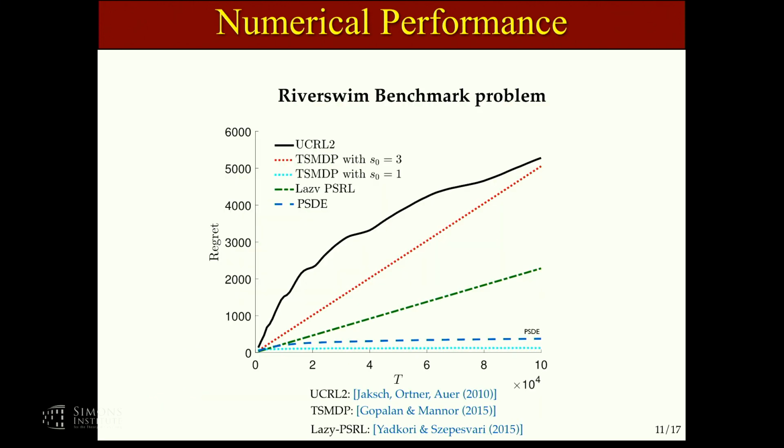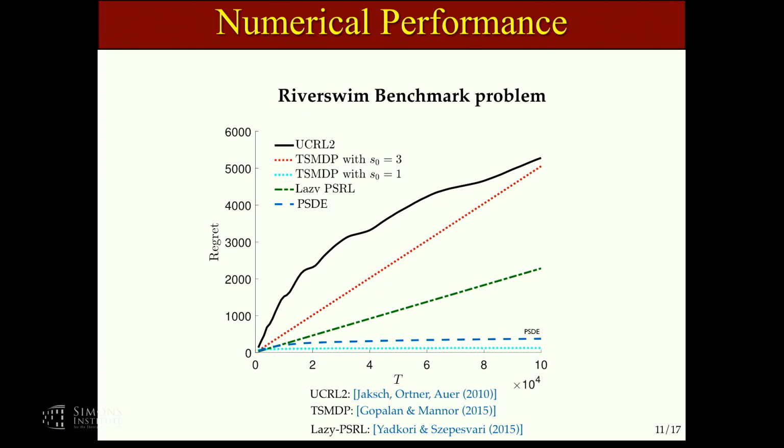Okay, just to give you a sense of whether it works numerically, this is tested on a benchmark problem called RiverSwim. This corresponds to an algorithm called UCRL2, and it seems that the regret is growing sublinearly, which means that if you look at per unit regret, you are going to have convergence.